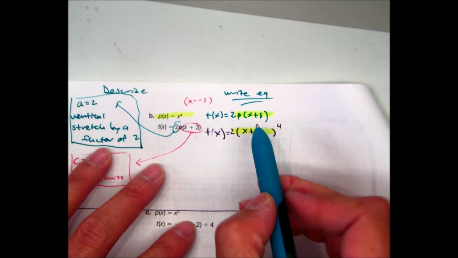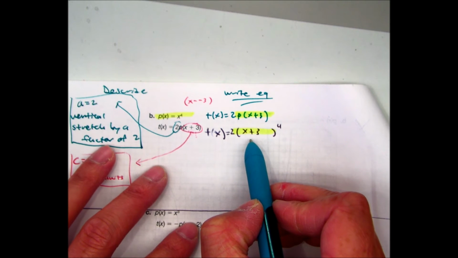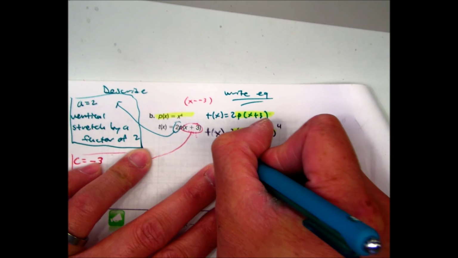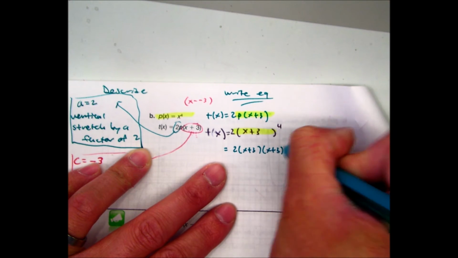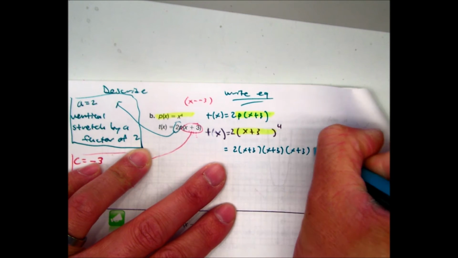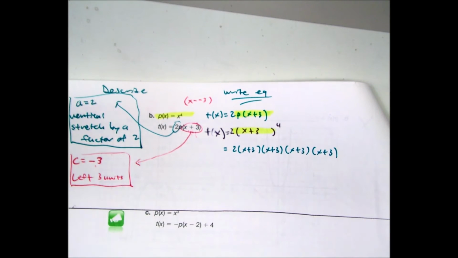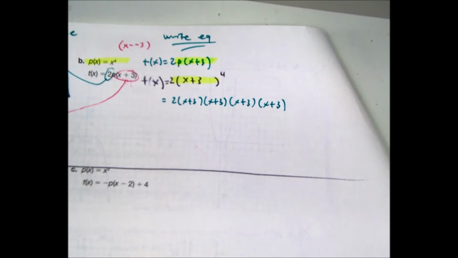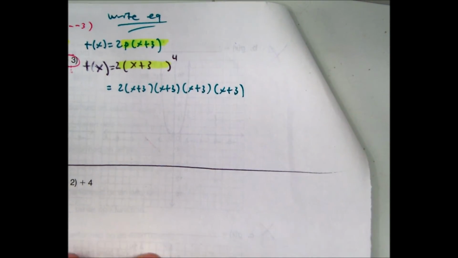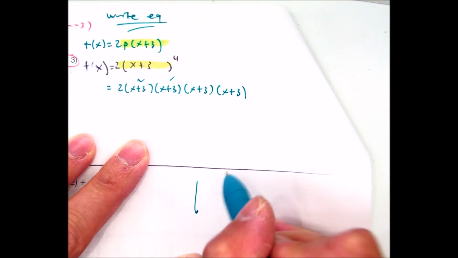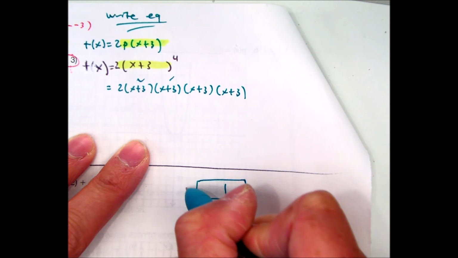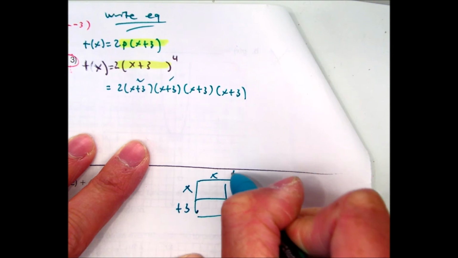Well, to do this problem, basically I would have to write out x plus 3 four times. And I need to simplify that. So I can simplify that by doing a bunch of boxes, right? So if I do 2 of those, x plus 3, x plus 3.